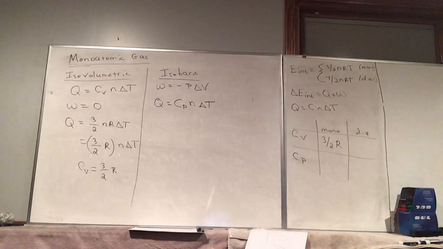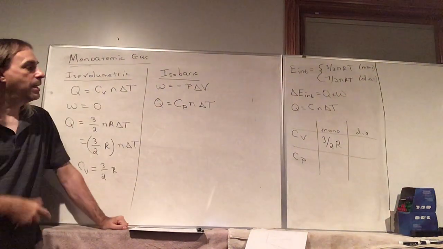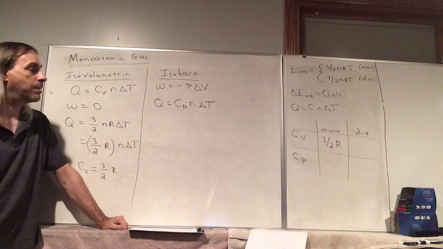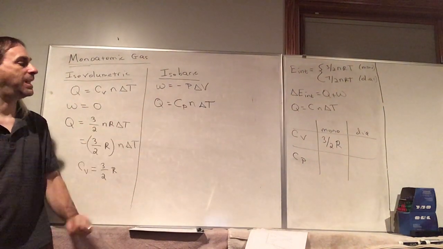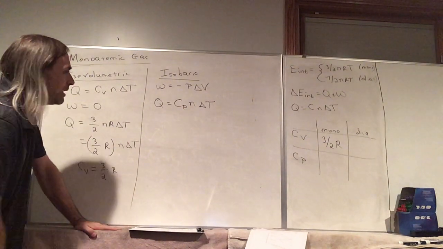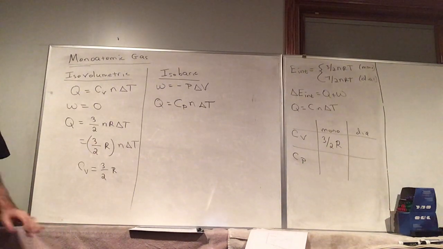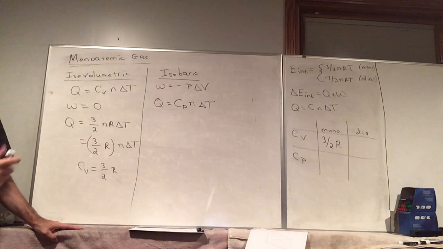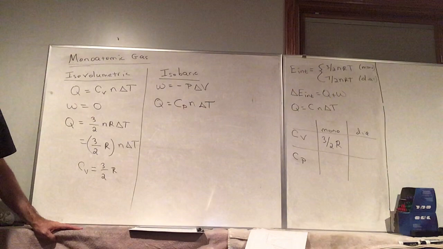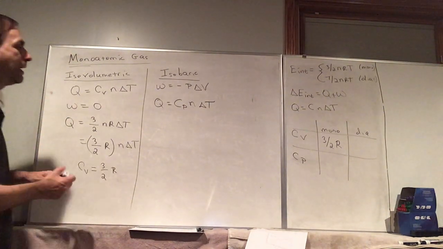Q is Cn delta T. In this case, we'd write this specific heat as Cp for constant pressure. So Q is Cp n delta T. So now let's look at this change in internal energy. Let's look at the first law of thermodynamics. So delta E internal, we're dealing with a monatomic gas.